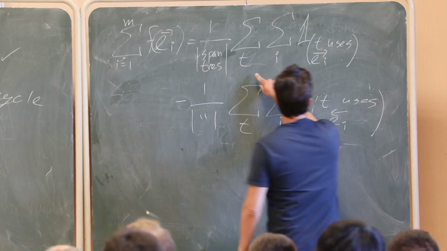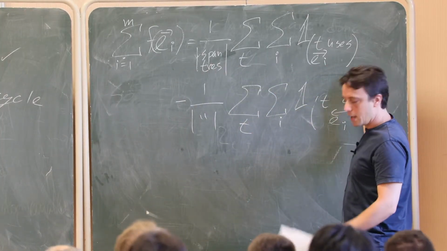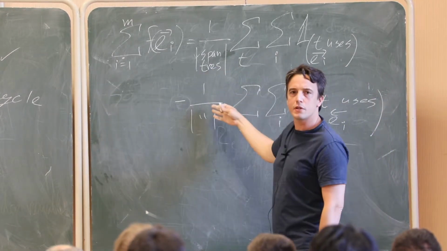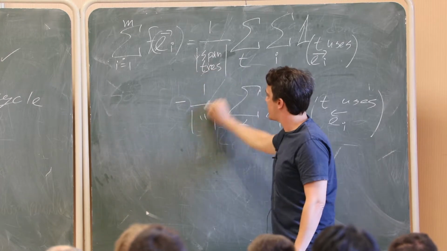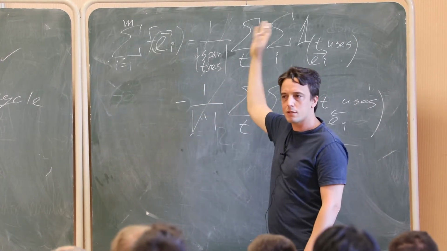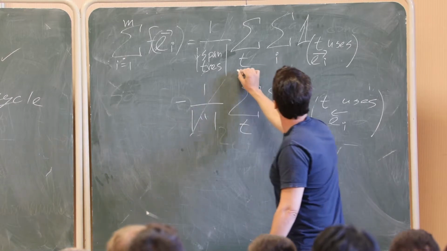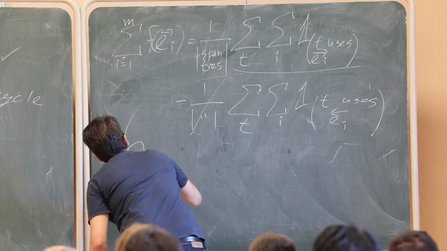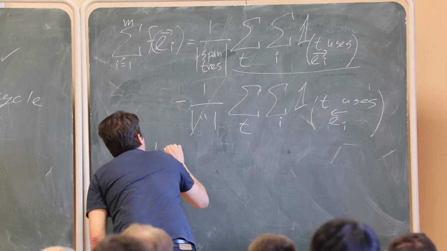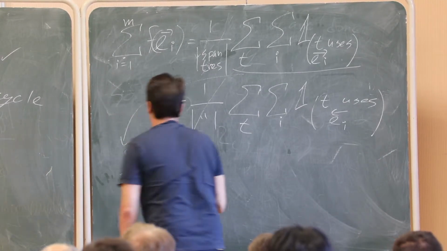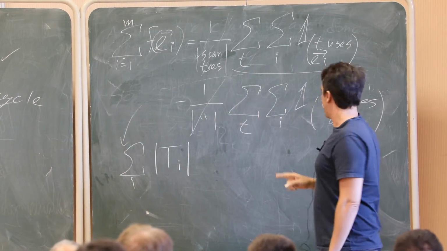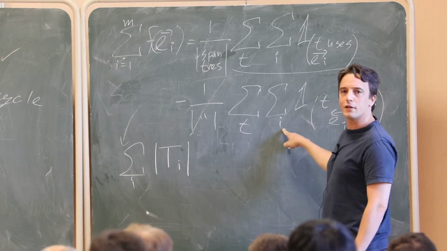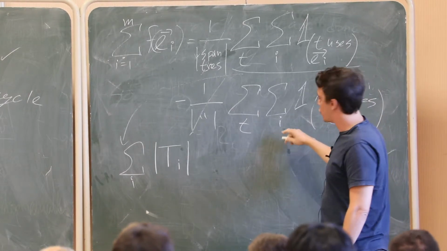All right, so where were we? So we were here. Now we notice what's written here, and I want to show that this is 0. So let's just ignore the normalizations, since I'm dividing by the same constant. The first term is exactly the sum over i of the cardinality of the set big T_i. I'll change the notation, and instead of calling this i I will call it j.